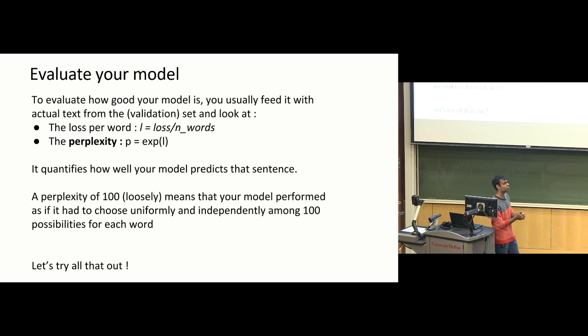For example, if you're generating the dog barks, the word barks has a low perplexity because you know that barks is what should follow a dog. But if you have the dog and then you could have anything after, the dog eats, the dog sleeps, there could be many words after that.